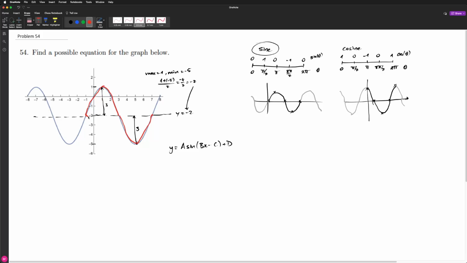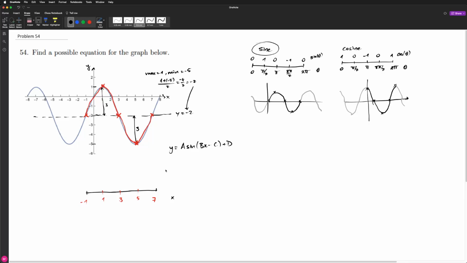Those are my 5 points after the transformation. Now, this is x and that's y. So my 5-point summary points would be at x = -1, 1, 3, 5, and 7.